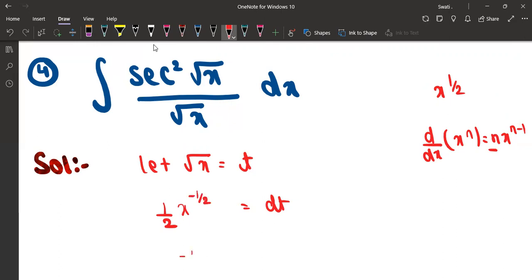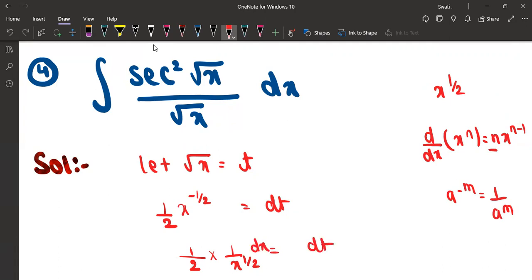Now, using the property of exponents, I can write this as 1 over 2 times x raised to half. What is this property? If we have e raised to minus m, that becomes 1 upon e raised to m. This is the property of exponents. And then, of course, dx also, and this is dt.